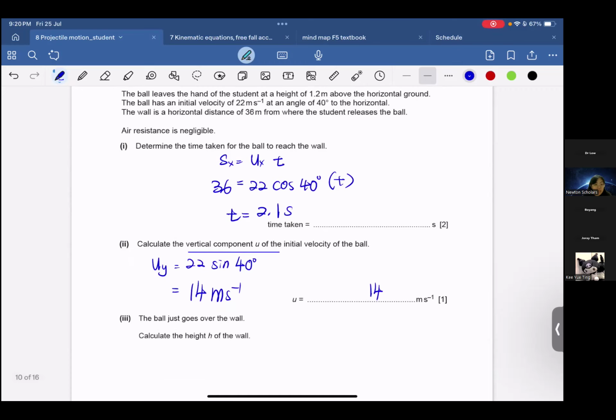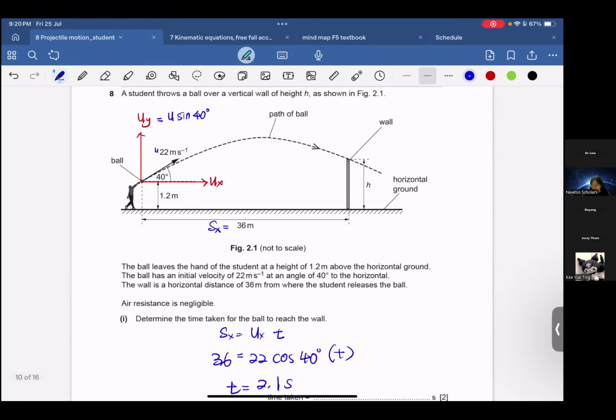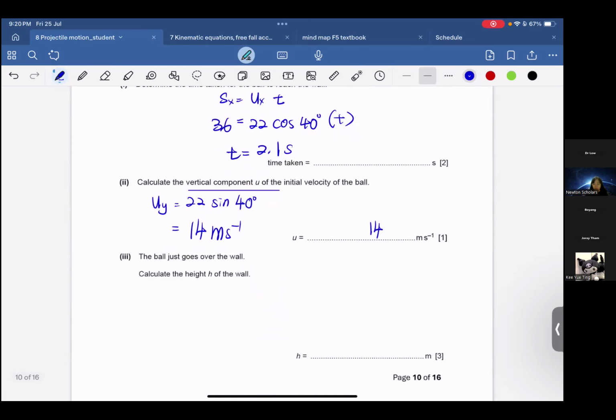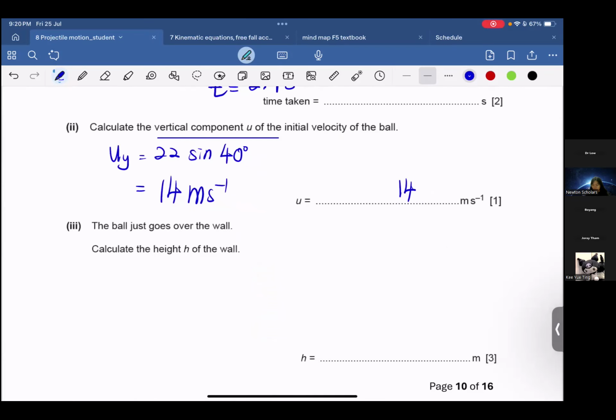Okay, the ball just goes over the wall. Calculate the height. Height means they want your SY. Like boys and girls, try it by yourself right now. For those who cannot, I'm going to list out some information, then you determine here. So they want to find SY. For those who are good, you try by yourself and then tell me your answer.